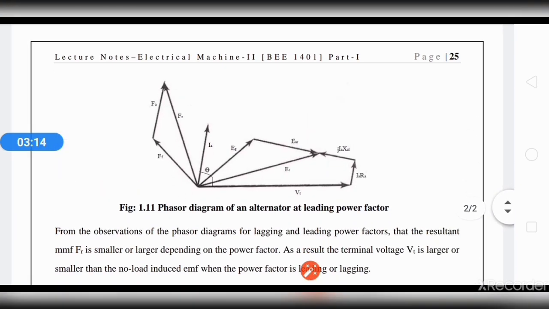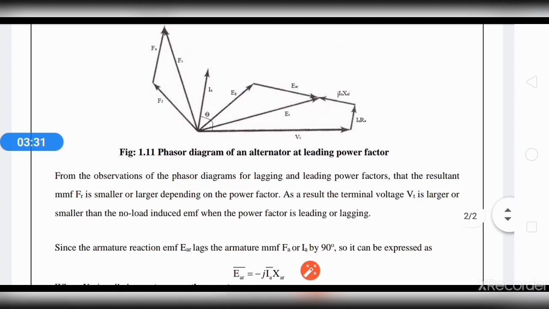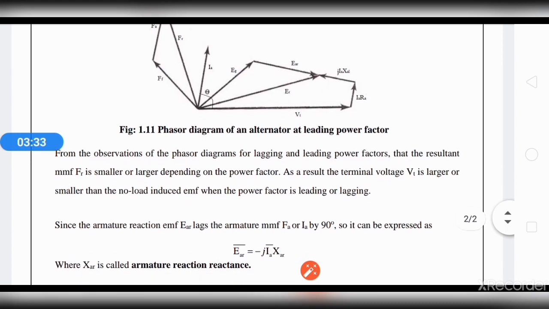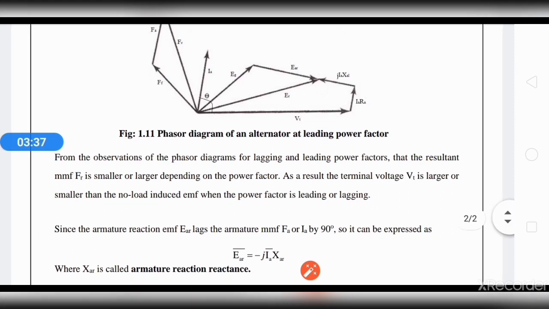The number 3 phasor diagram shows the phasor diagram for a leading power factor load, and it is the phasor sum of the same formula. Resultant EMF is equal to generated EMF plus armature reaction EMF. A little difference in the phasor diagram is there due to the change in power factor angle.